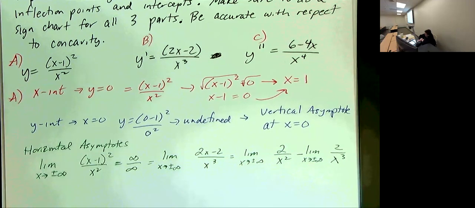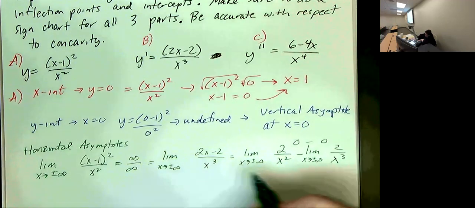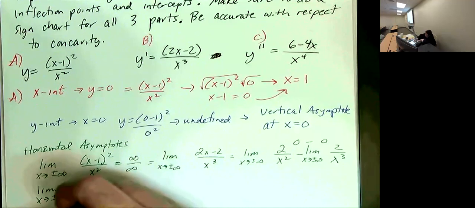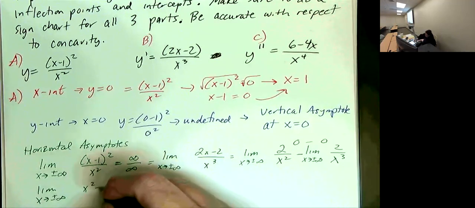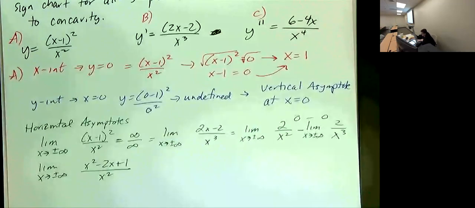Is that what I want to do? This still ends up being 0 minus 0, which doesn't help. So maybe let's do this a different way. This is x squared minus 2x plus 1 over x squared, back to the original one.